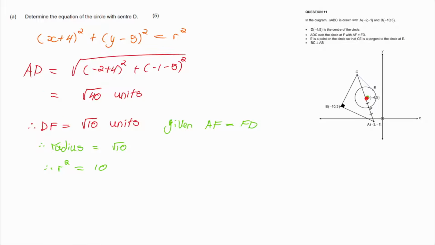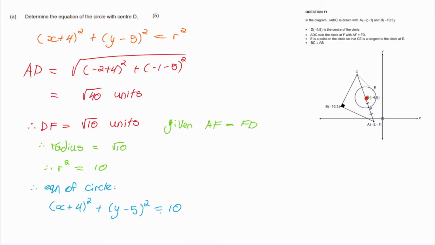The equation of the circle then is (x + 4) squared plus (y - 5) squared is equal to 10. That is the equation of the circle.